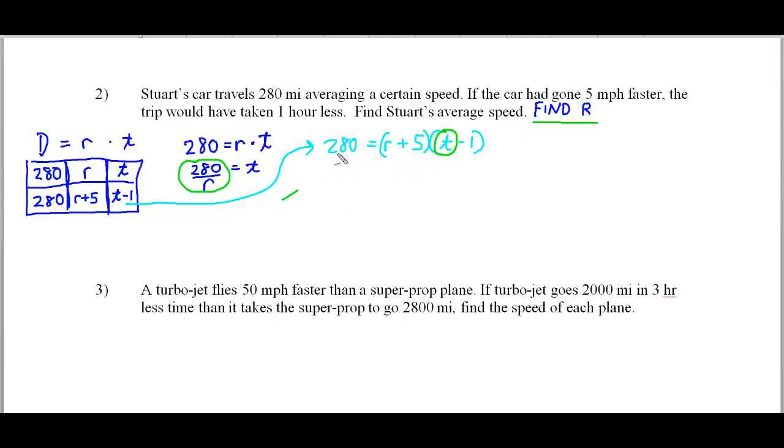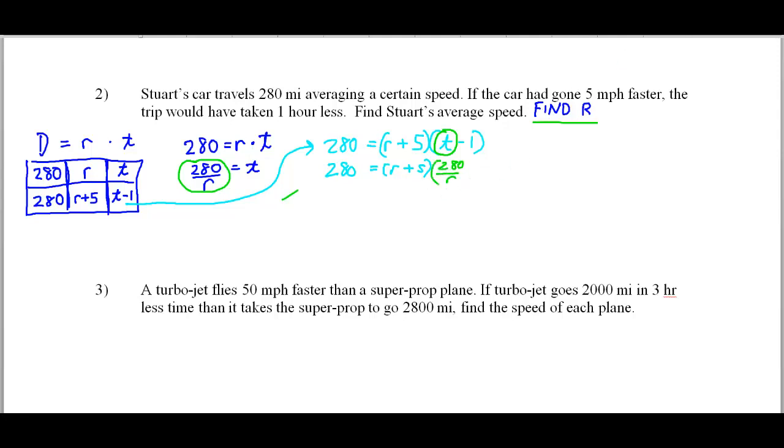I'm now going to have, let me again try to color code this so you can follow along here. I'm taking my second equation, which was 280 is equal to (r + 5), and in this spot for the letter t, I'm putting 280 divided by r.